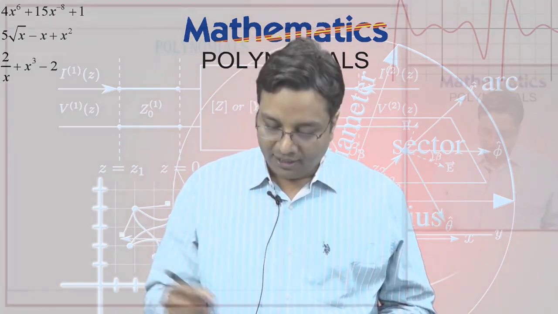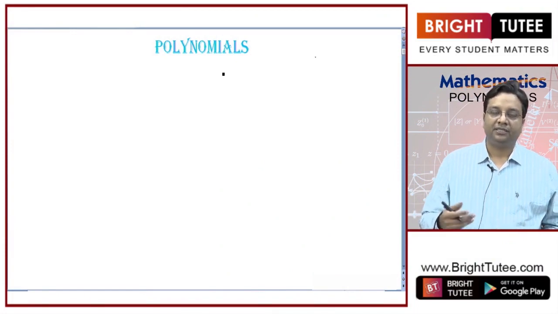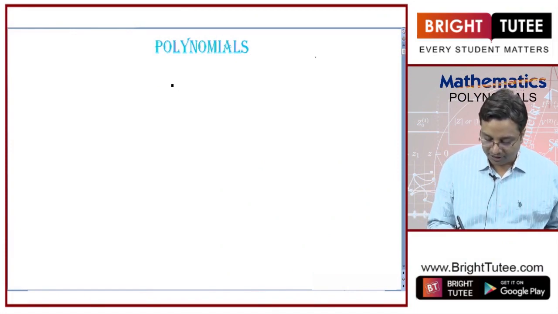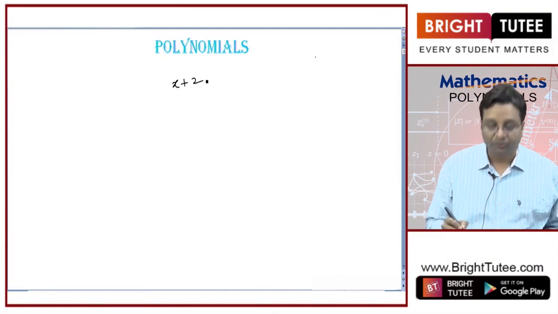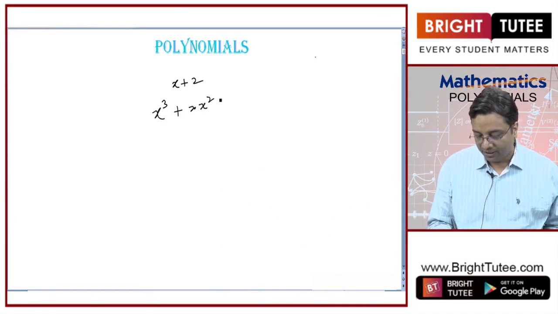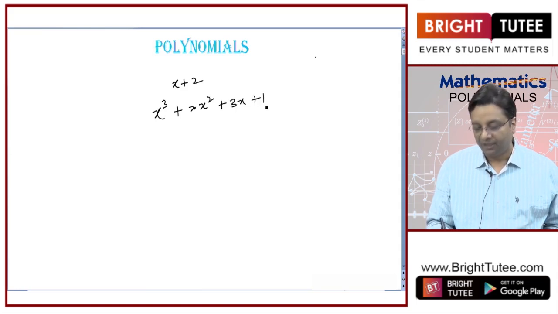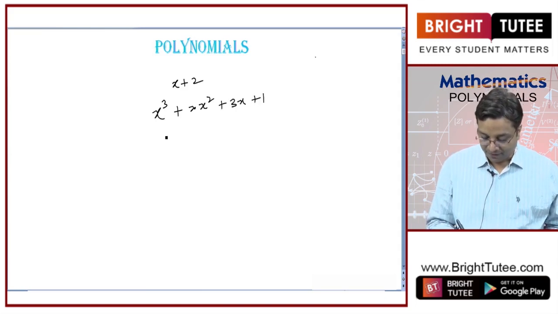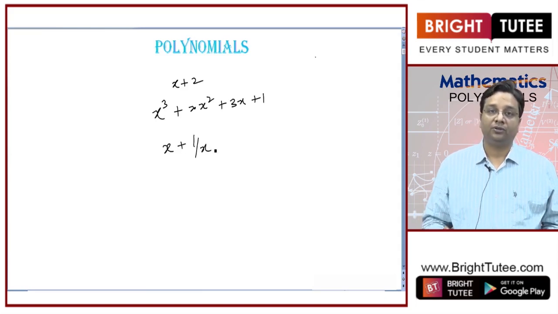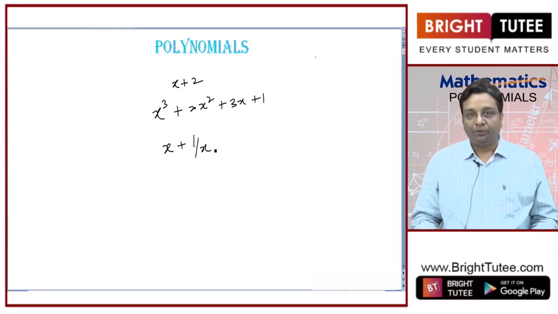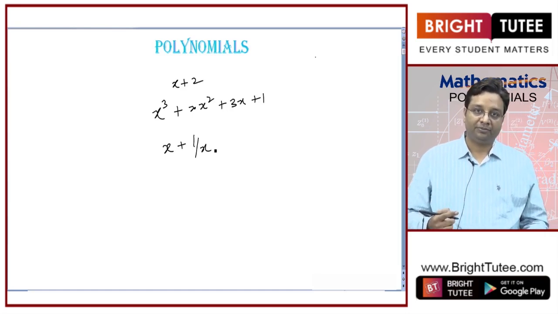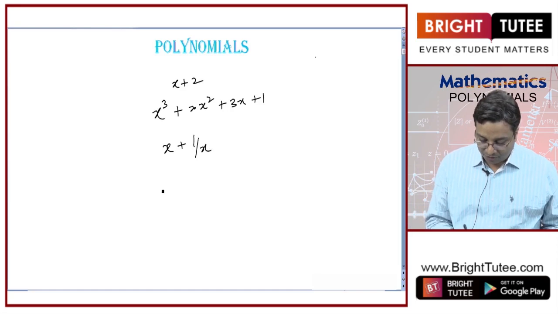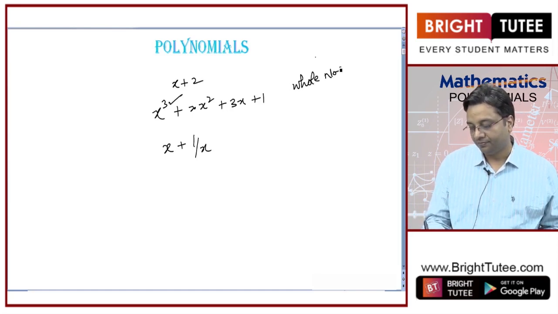10th. You have studied that expressions in x are known as algebraic expressions, like x plus 2 is an algebraic expression, x cube plus 2x square plus 3x plus 1 is also an algebraic expression. But polynomials are special kind of algebraic expressions where the powers of x are in whole numbers, right?